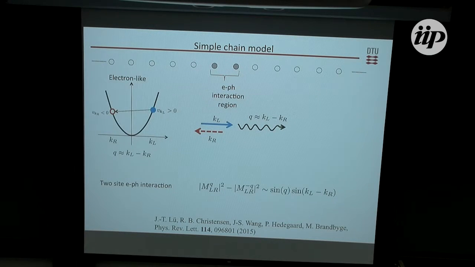Then let's say we have a current where electrons are moving in this direction, and we have an electron-like band. Then there's a different matrix element for exciting a phonon in this direction compared to that direction, and that's this difference we have here.